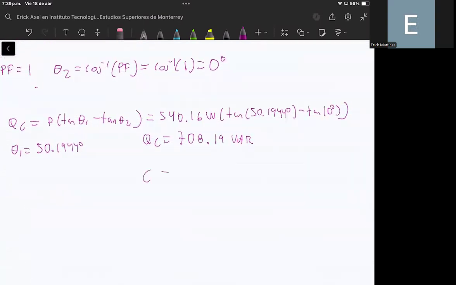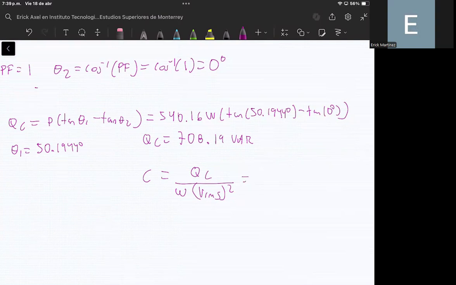To find the value of the capacitor, you need to take this reactive power, QC, and divide it by omega times the square of the RMS voltage.